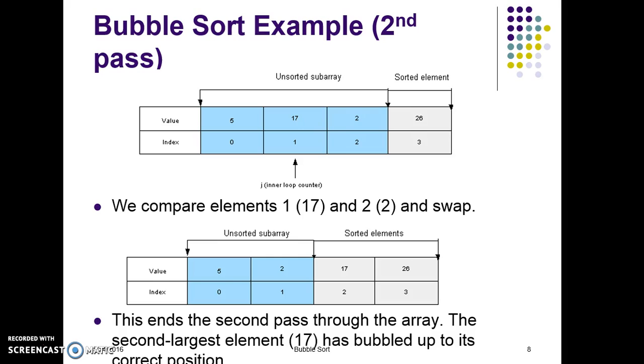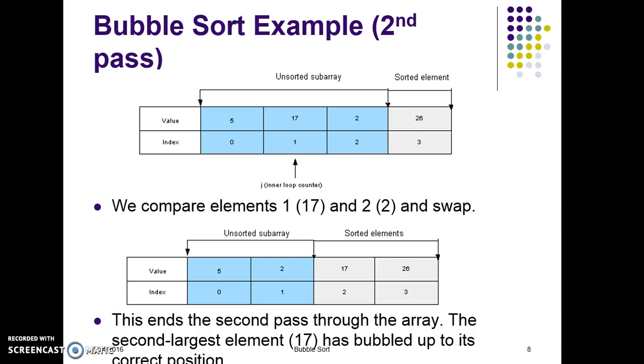This is also not in the correct order, since 17 is greater than 2, so I swap those two elements. After the second pass, 17 goes to the next position. In the second pass, the second largest element in the array goes to its appropriate position. The sorted elements are 17 and 26, and the unsorted subarray is 5 and 2.